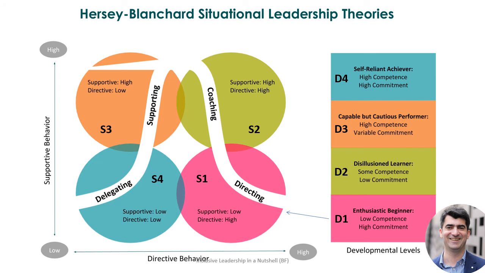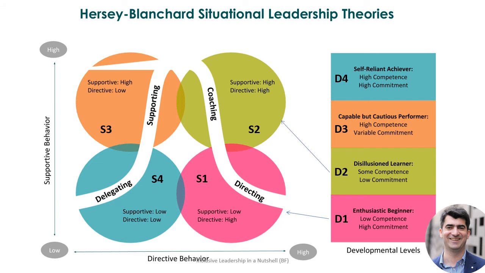Let's say if your team members have the development level of D1, for example a new employee with low confidence and you're unsure about what the person can be doing, you can use the directing style and tell the employee what to do and show the way how to do it.